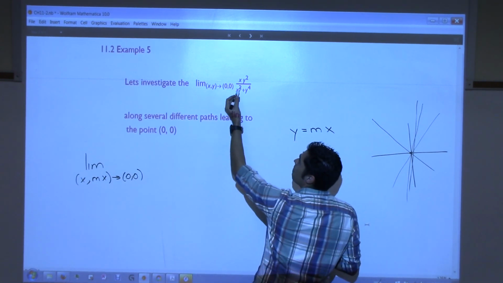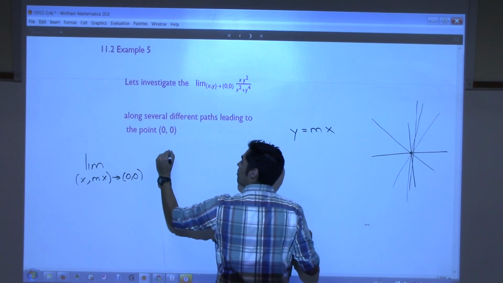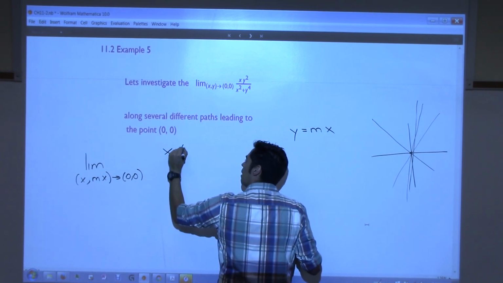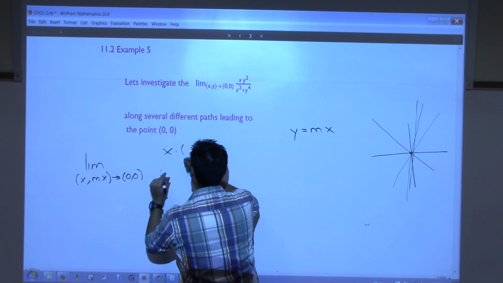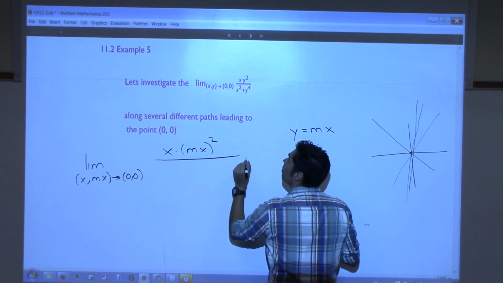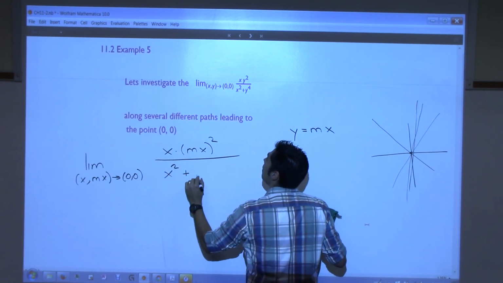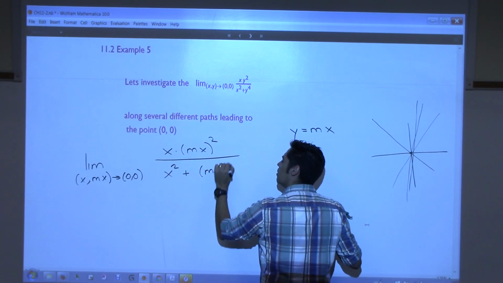So check this out. I'm replacing my y with what? mx, so it becomes x times mx squared over what? X squared plus mx to the 4th.